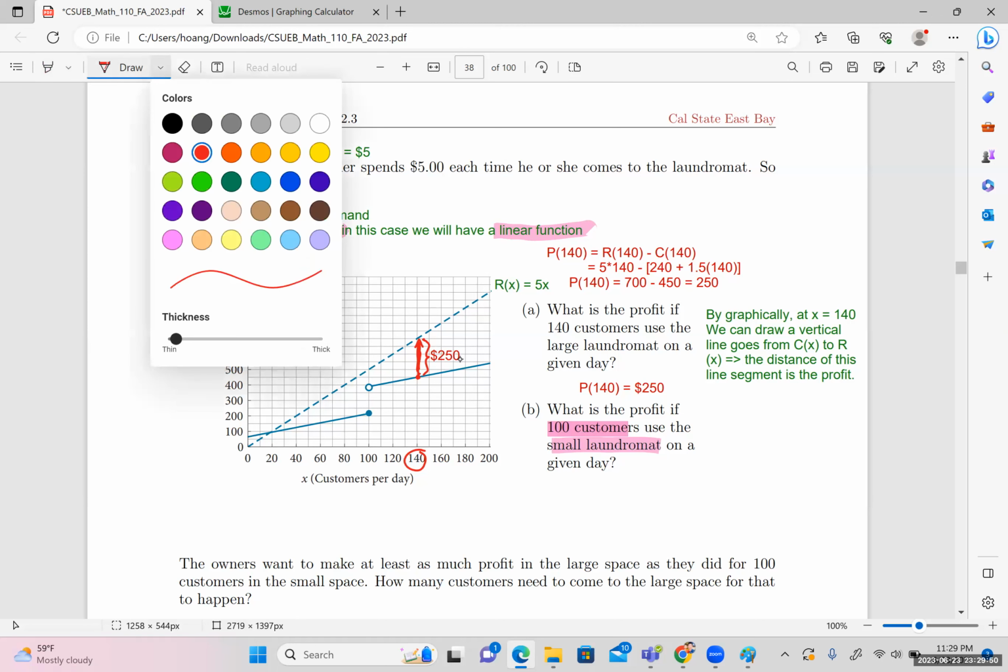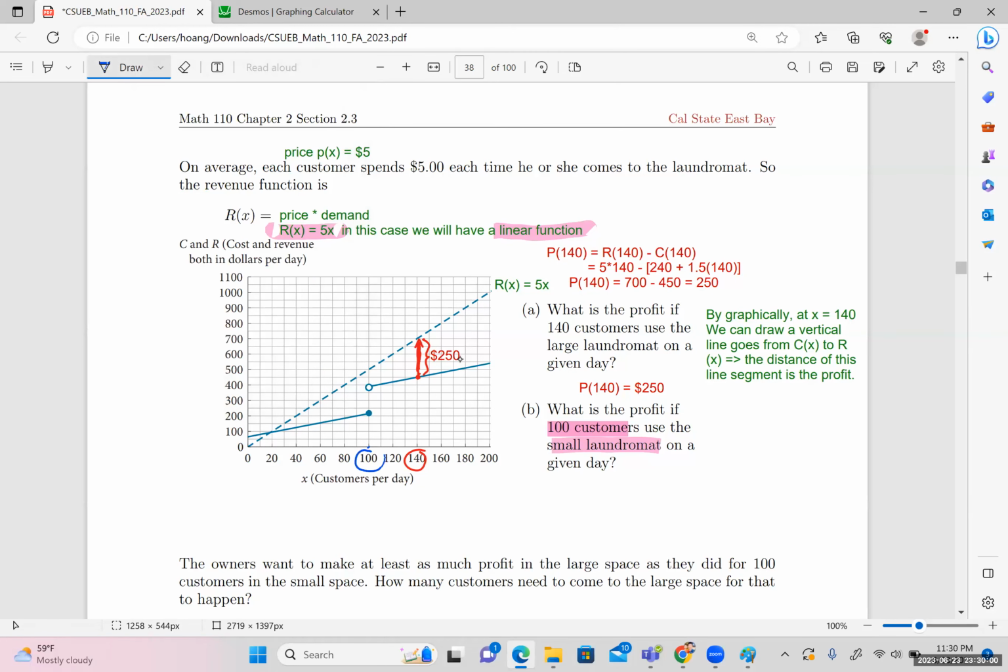So I will use, let's say, the blue one. At 100 here, I draw the line from the cost up to the revenues.